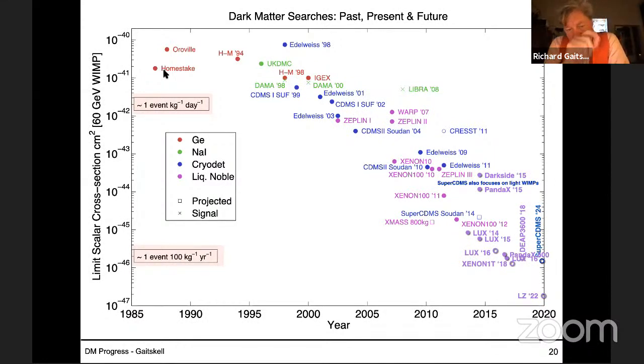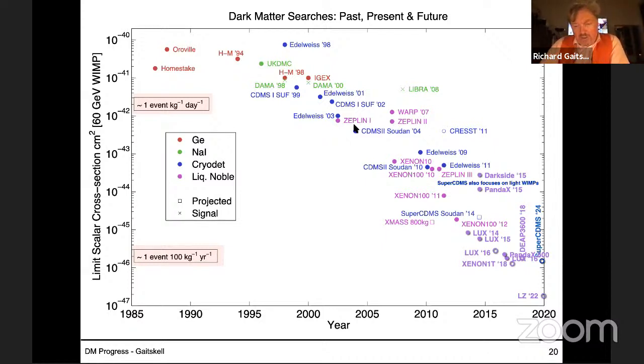But we have the LZ experiment located there now, and so what happened in the 2005 region was that purpose-built cryogenic detectors with discrimination were used to great effect, and at the same time very large mass sodium iodide detectors came on, very specifically DAMA and LIBRA, and I'll talk a bit more about that in a moment.